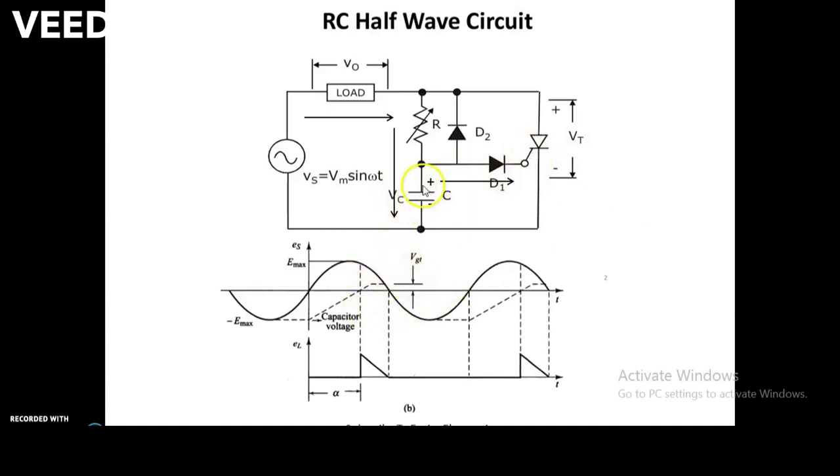Now this voltage VC, this voltage on capacitor also acts as a gate voltage for this SCR, and when this voltage becomes more than breakdown voltage of diode, which is 0.7 volt for silicon diode, this diode breaks down and capacitor now discharges through this diode D1 and gate of SCR.